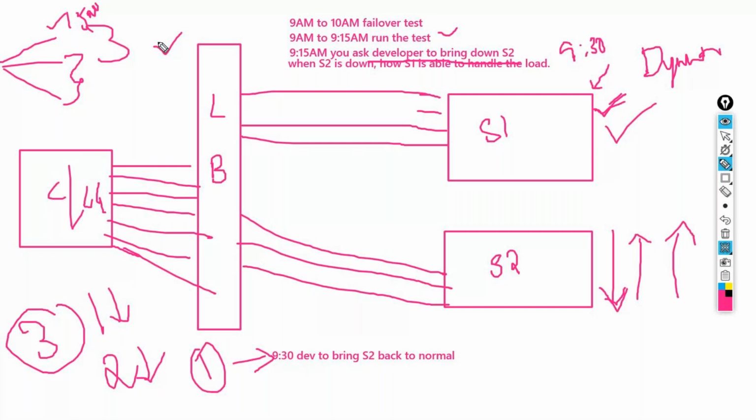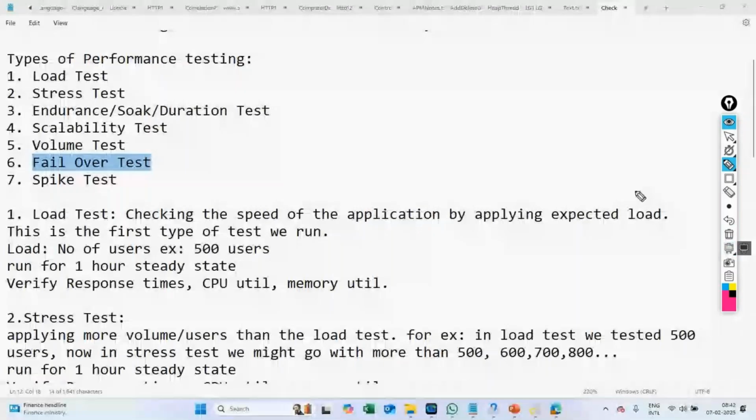But if not, they will come up with a solution. Our job is to tell them how the servers will behave and inform the client upfront. Okay, so that's about failover testing.